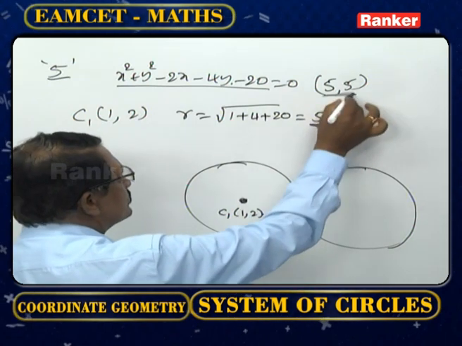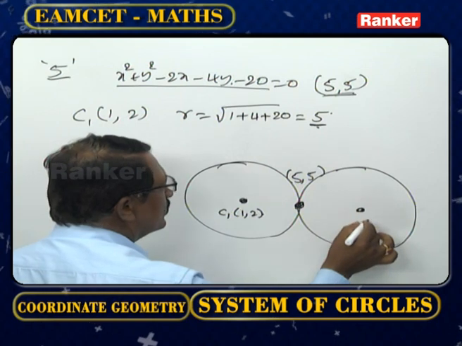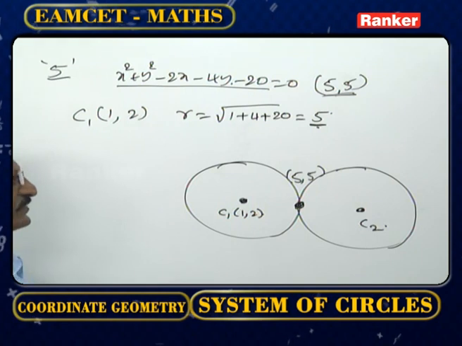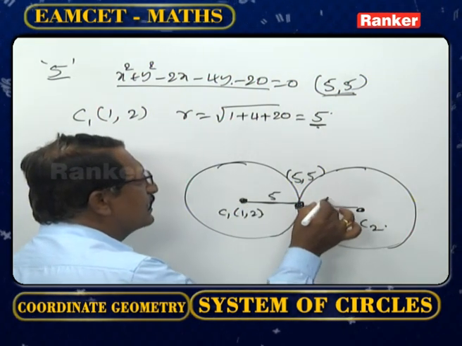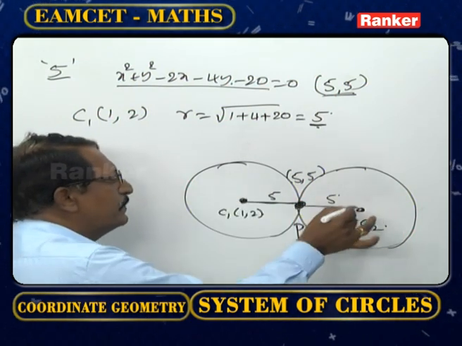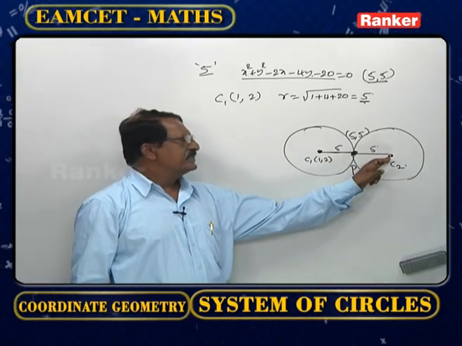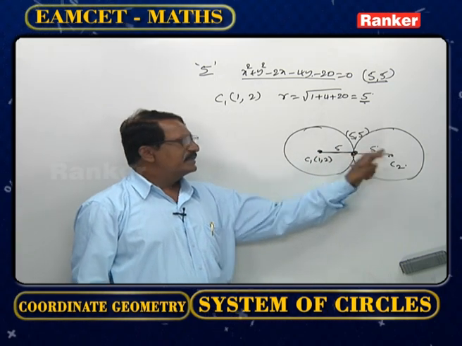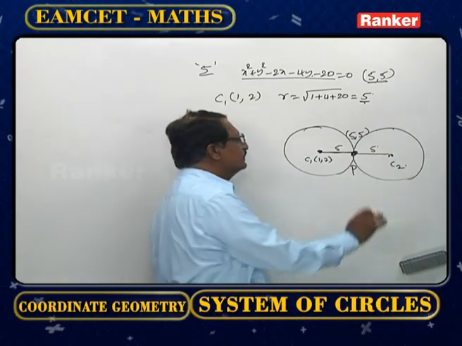The two circles touch at 5 comma 5. Consider C2 the center of the required circle. Then the point of contact is the midpoint of C1 C2, the line of centers, because the radius of the first circle is the same as the radius of the second circle.